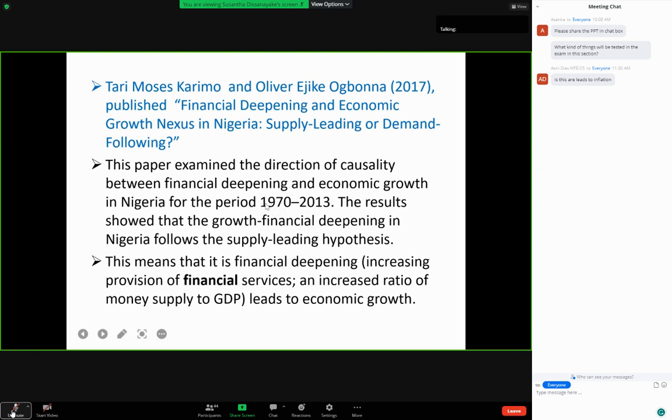1970 to 2013. Financial deepening means more and more products going to the customer. In another way, we can say more and more link with the financial institution.